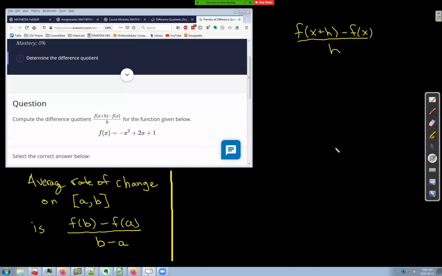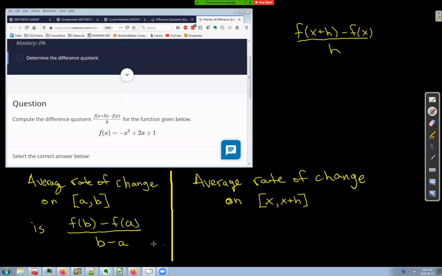So let's consider the average rate of change, instead of on the interval from A to B, on the interval from X to X plus H. I can do that.